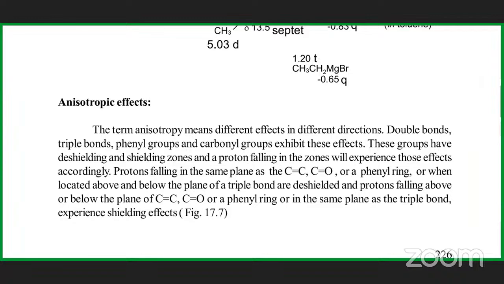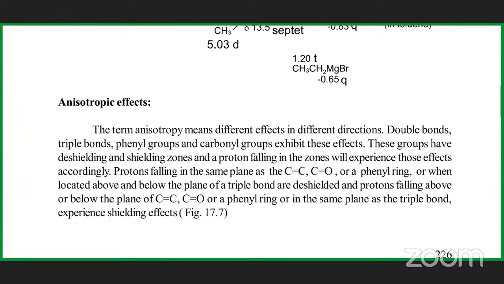When we apply an external magnetic field to a compound, if the produced effect is distributed equally, then we call that an isotropic effect.